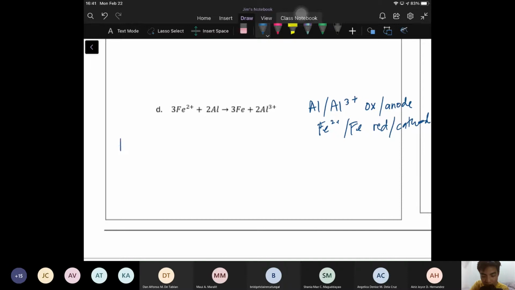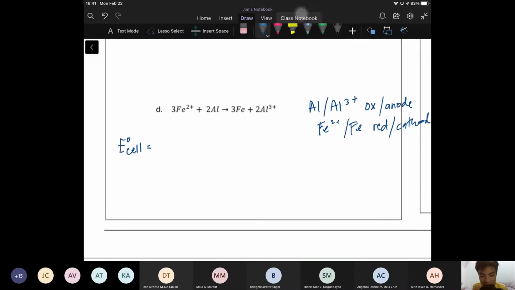Okay. So E naught cell. Pag may circle na maliit sa taas, tawag doon ay naught, no? N-O-U-G-H-T, no? Naught. Maraming ganyan sa calculus, no? So, sa chemistry, may definition din yung naught na yan. Mamaya pag-usapan natin. Okay.